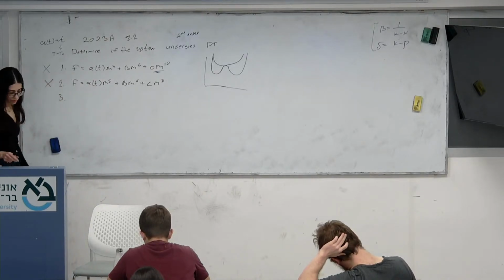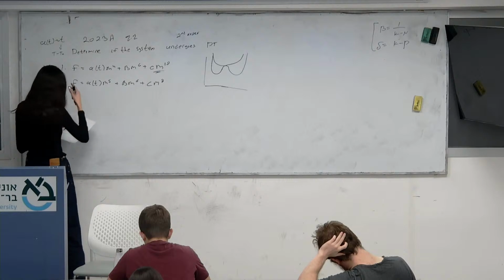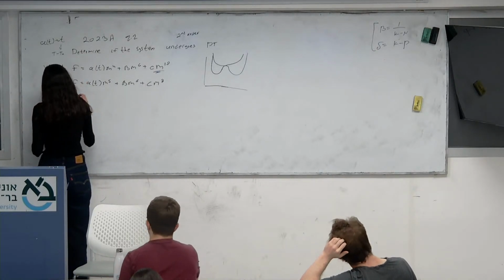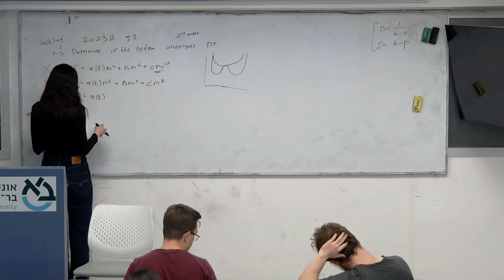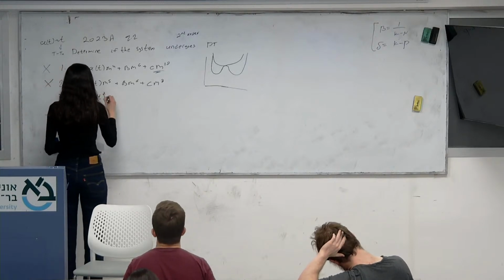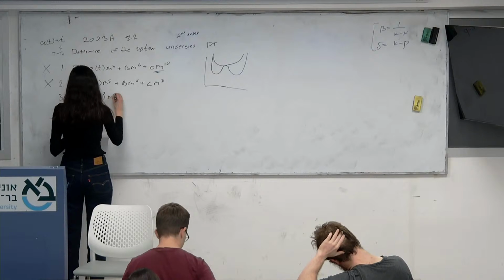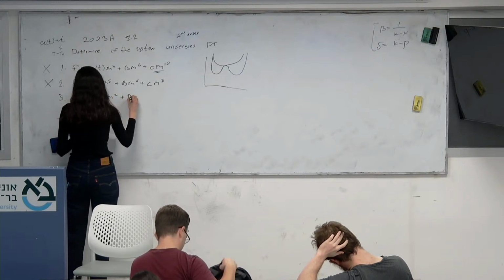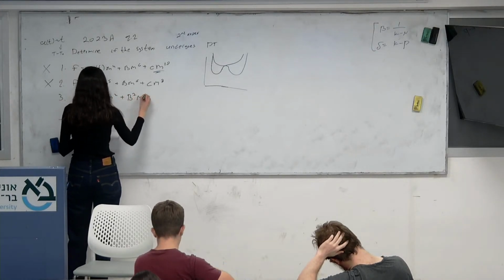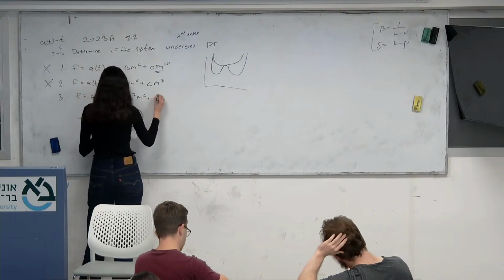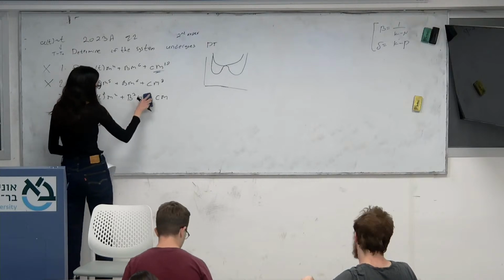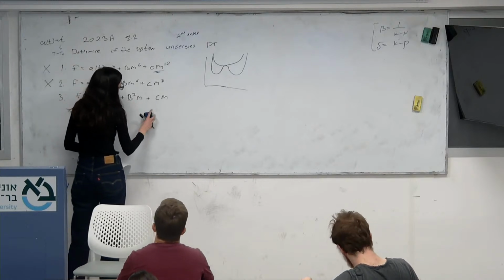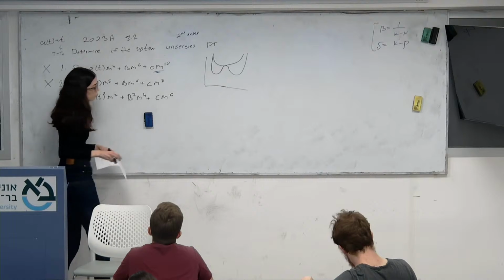Okay, the third one is f equal a of t squared multiplied by m squared plus v squared m to the power 6 plus c m to the power 4.